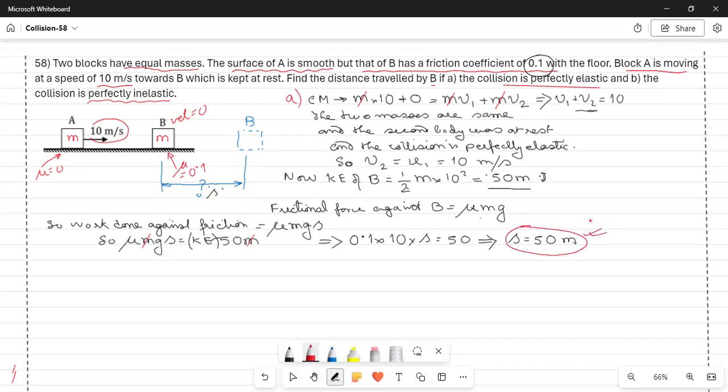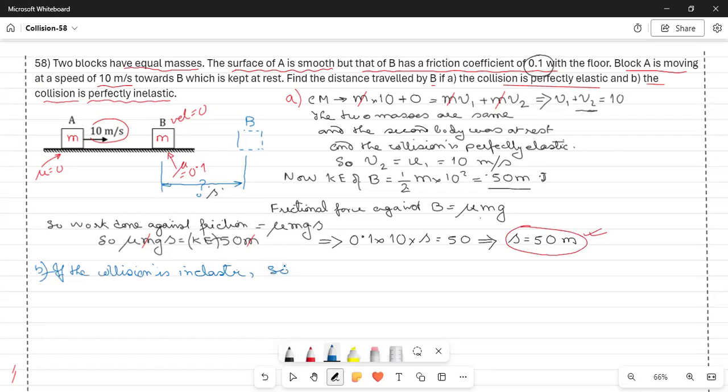This is clear. Now let's find out how far it will move if the collision is perfectly inelastic. If the collision is perfectly inelastic, both A and B will join together.